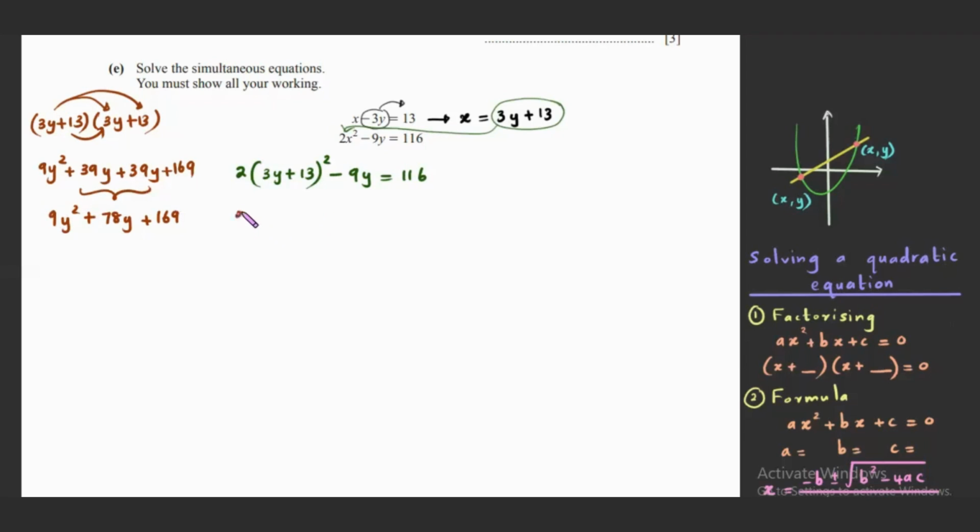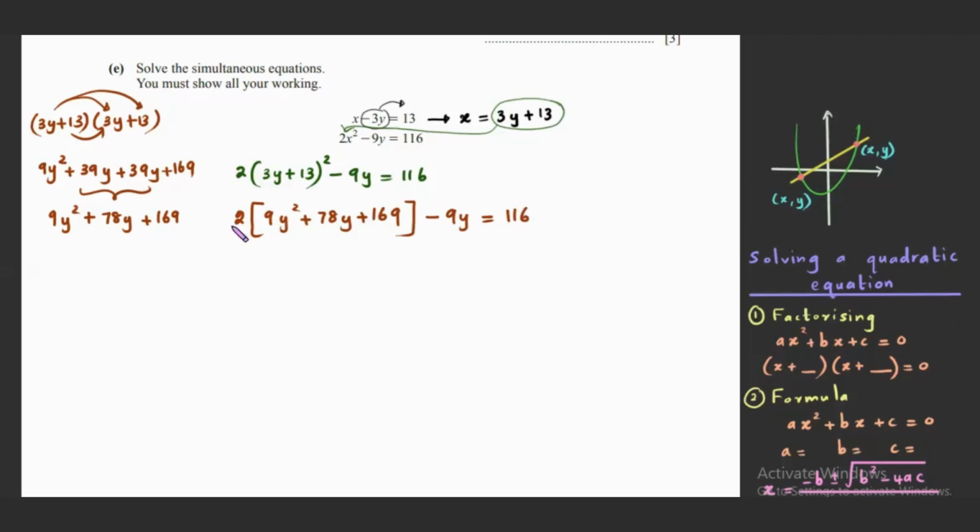So I will have 2 bracket, the answer for this is 9y squared plus 78y plus 169. And then I need to close the brackets. It's important that I put the brackets here because this entire expression that I have here with the square is multiplied by 2. So the answer that I get there when I expand also should be multiplied by 2. And then I need to deduct this 9y. So this will be equal to 116.